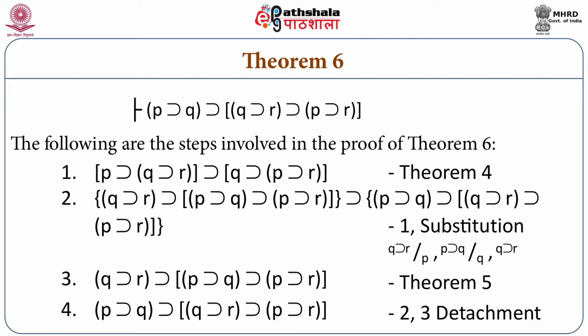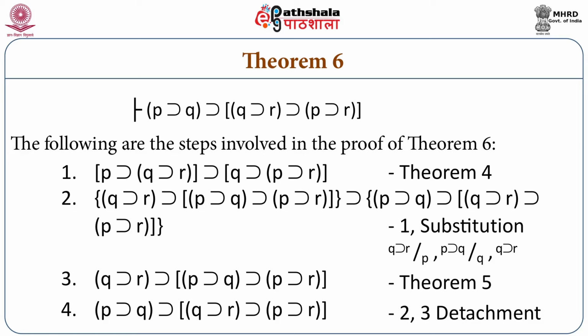So we will have to introduce the rule of detachment, or what is so called modus ponens. Before that, we will try substitution. Every occurrence of P will be uniformly substituted or replaced by Q implies R, and every occurrence of Q will be uniformly substituted by P implies Q. Every occurrence of R likewise will be replaced uniformly by Q implies R. So what happens if we do this uniform substitution?